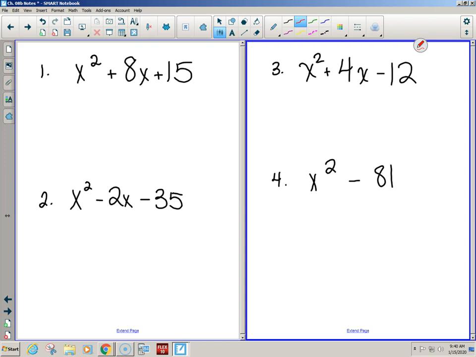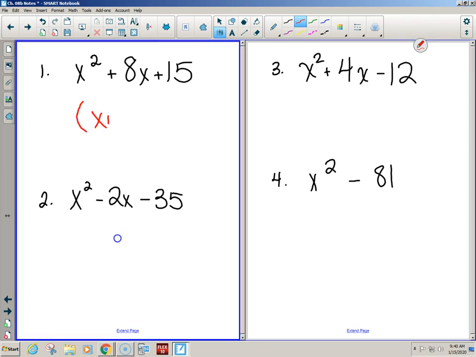Alright, I think most of you have gotten number 1 to be x plus 3 and x plus 5. I think most of the groups have moved on to number 2. Yeah, move on to number 3. Ready?